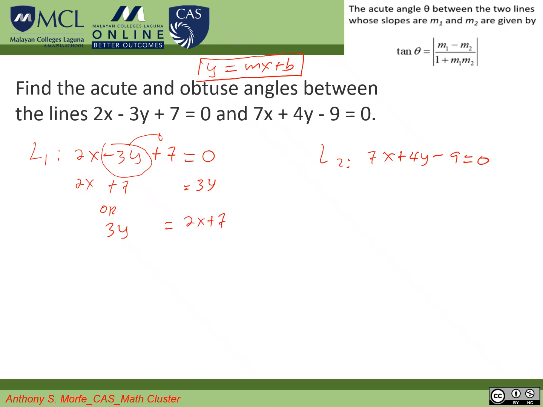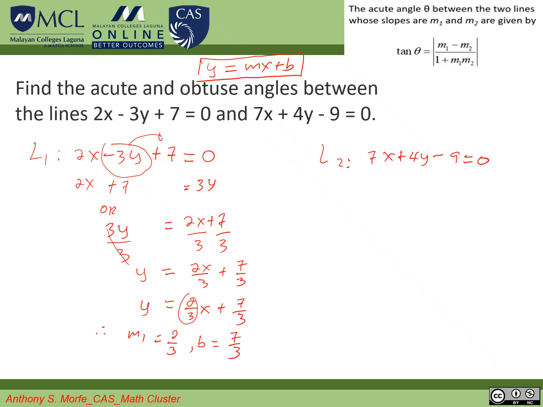To solve for y, divide both sides by 3. So we have now y equal to 2x over 3 plus 7 over 3, or you can write this as 2/3 x plus 7 over 3. Therefore from here you can solve for m1. Our m1 is the coefficient of x, so 2/3. Then our b here is 7 over 3.